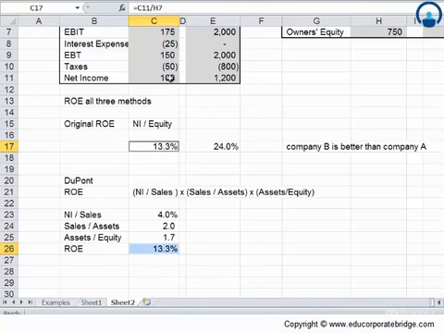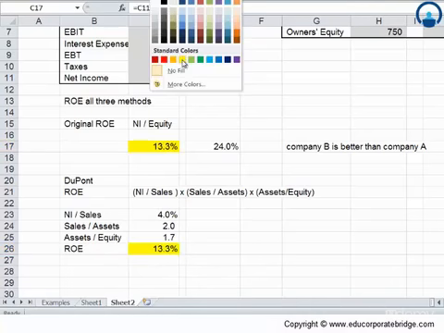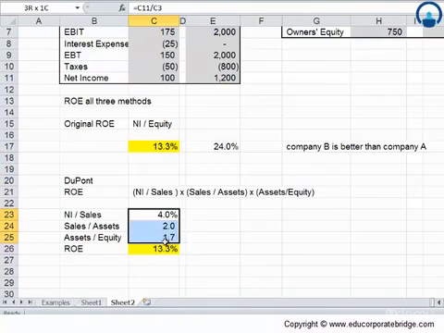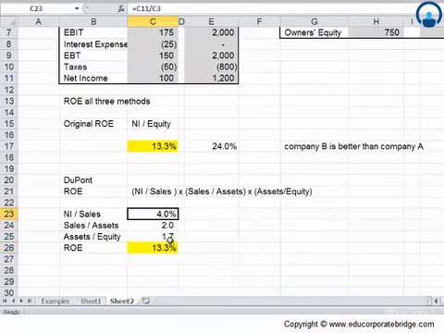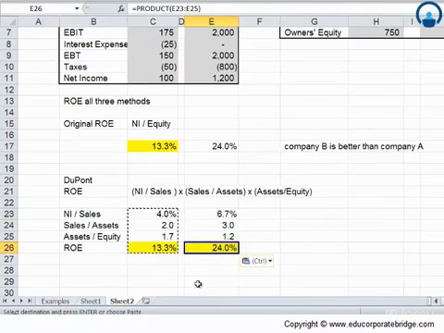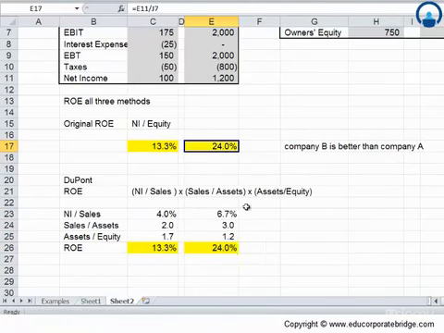So please note that using any method of ROE, whether original or DuPont, both the ROEs should come out the same, because we're doing nothing but dividing this ROE into various different items. So ROE is 13.3% here. While I copy these formulas for calculation of company B, we note that here the ROE comes out to be 24%, and earlier this was also 24%.